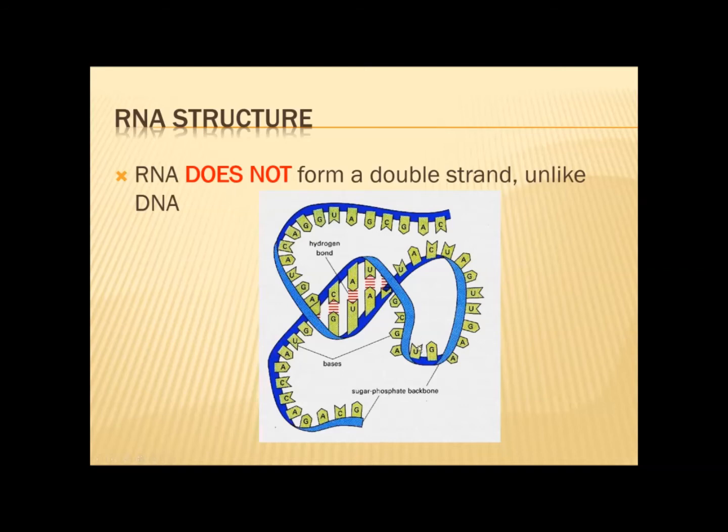Now the specific reason, there's not a lot of certainty. The specific reason why RNA forms this kind of a structure versus why DNA is so stable, this is a good question.